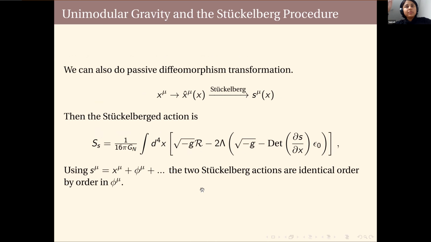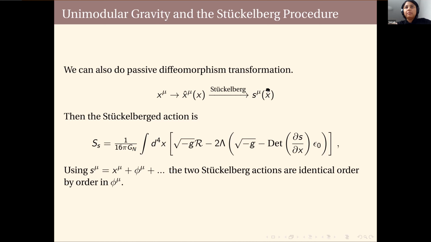That was using active transformations, but we can also use passive, in which we transform the coordinates. Here I'm showing more of a schematic representation. This is the original coordinate, and it undergoes a diffeo to give x mu hat. And then we Stückelberg it to promote it to a field S mu of x.